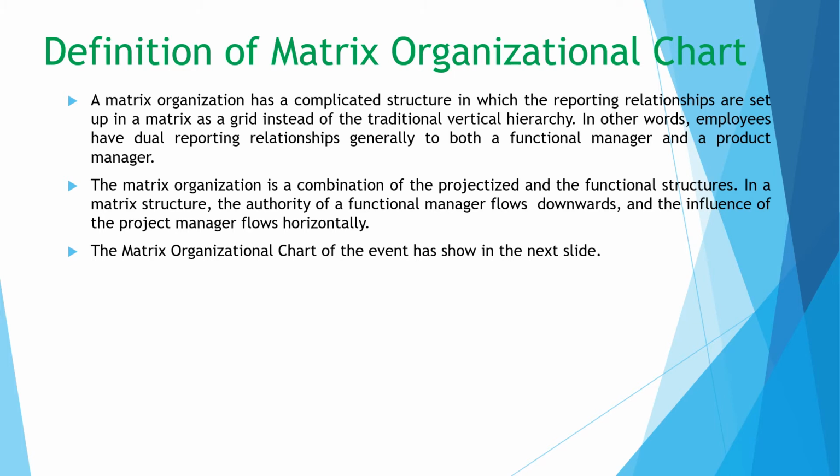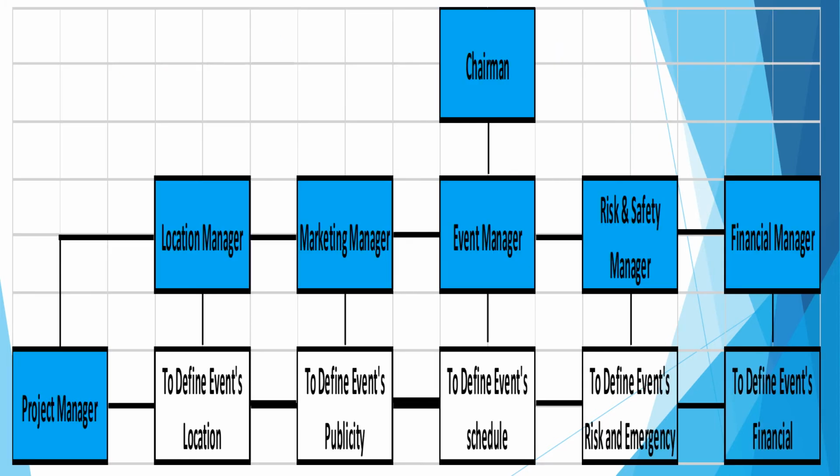The matrix organization is a combination of the project and the functional structure. In a matrix structure, the authority of a functional manager flows downwards, and the influence of the project manager flows horizontally. The matrix organization chart of the event I will show in the next slide.